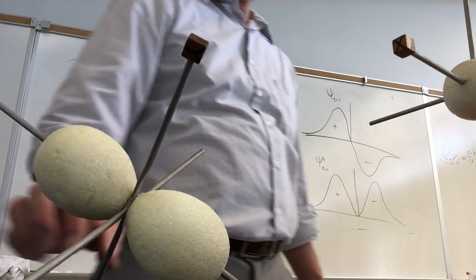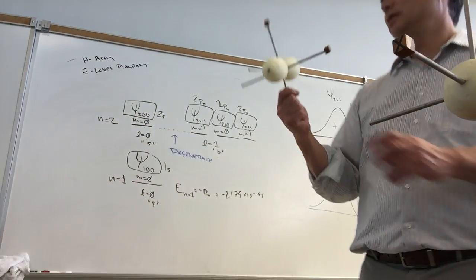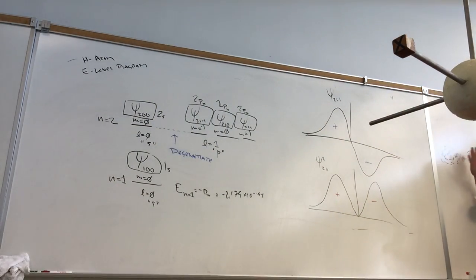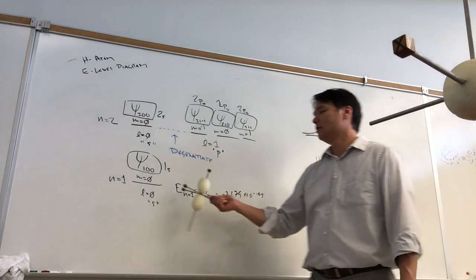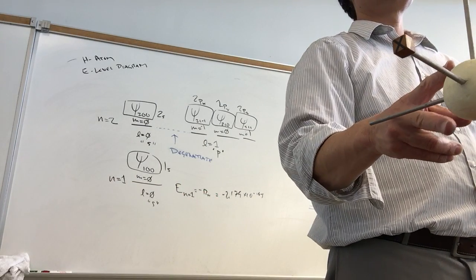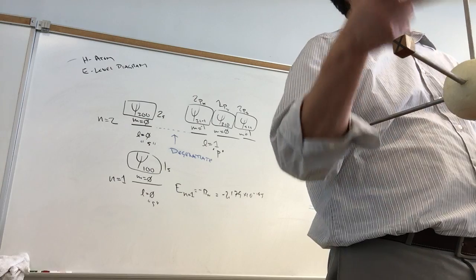So they're all degenerate orbitals. Why would they have the same energy? Well, they have the same energy even though the cloud looks totally different. If you were to average out the electron and say this whole cloud averages to an electron this distance from the nucleus, and then you look at the 2s and say this whole cloud averages out to an electron at this distance, the average distances are the same. In fact, the 1s orbital has an average distance of about 53 picometers, in other words, the first Bohr orbit.